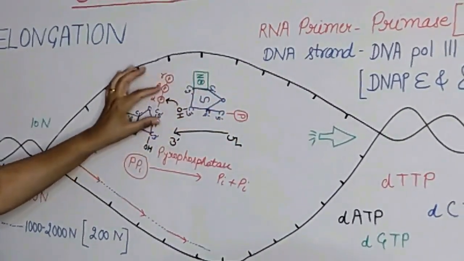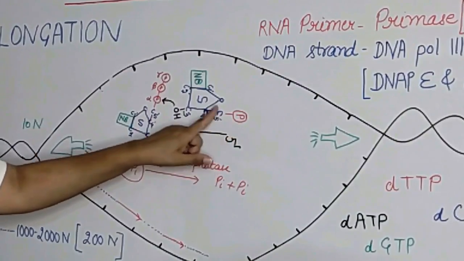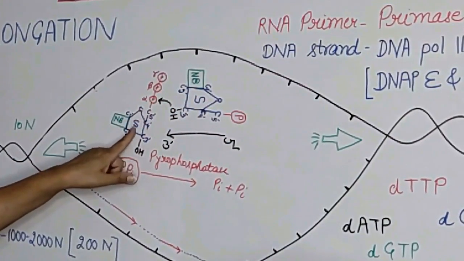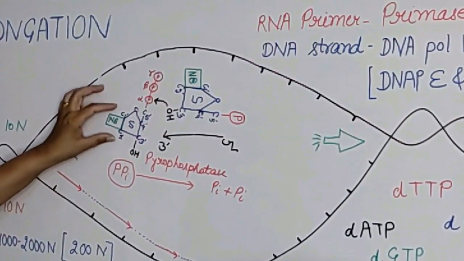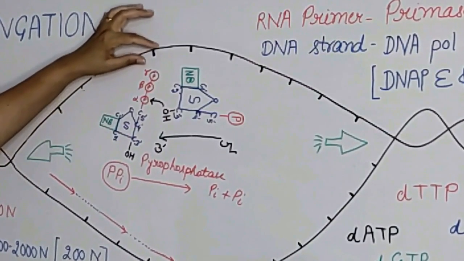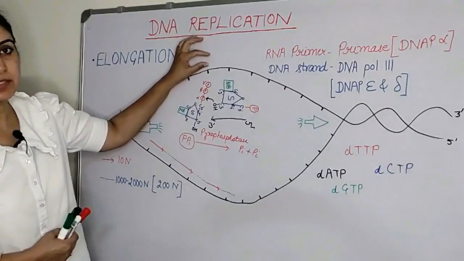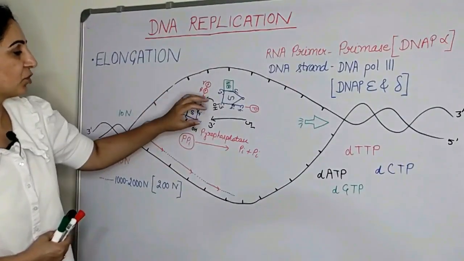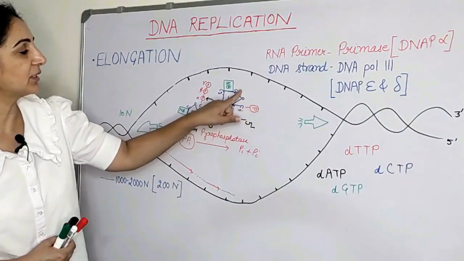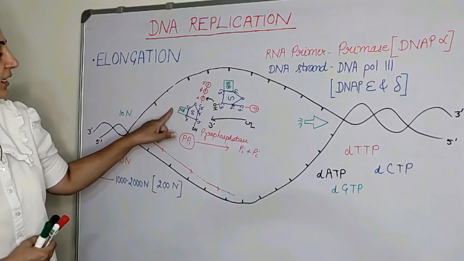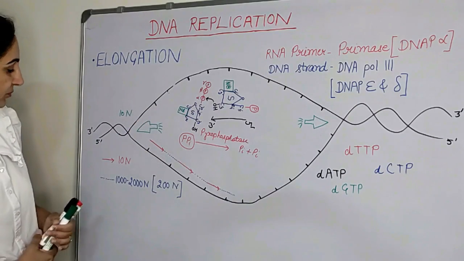So this is how you form the phosphate sugar backbone, and these nitrogenous bases form hydrogen bonds with the nitrogenous bases of the parent DNA single strand. So this is how you synthesize the DNA strand on the other side.